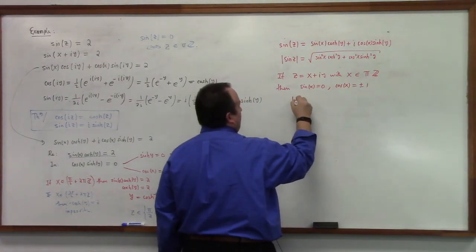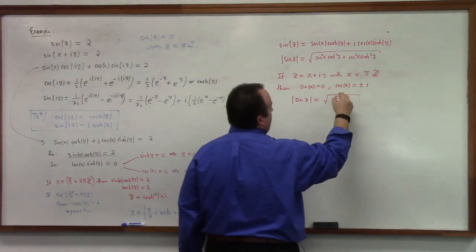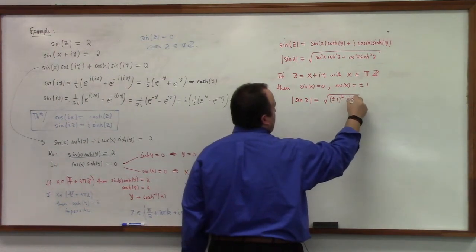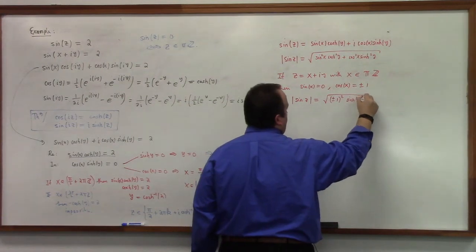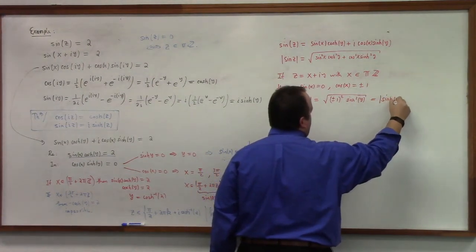In this particular context, the modulus of sine z is the square root of plus or minus 1 squared times sinh squared of y. In other words, it's the absolute value of sinh of y.